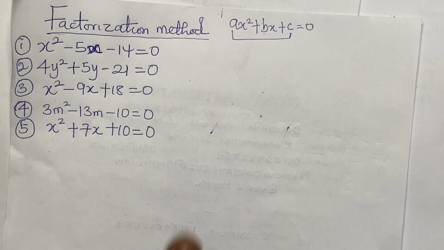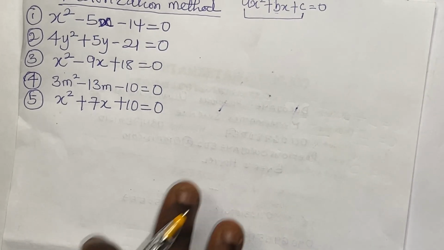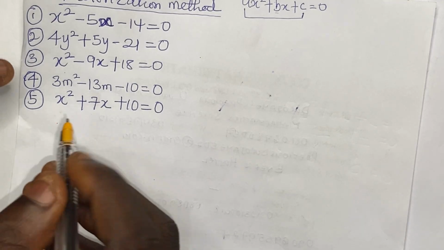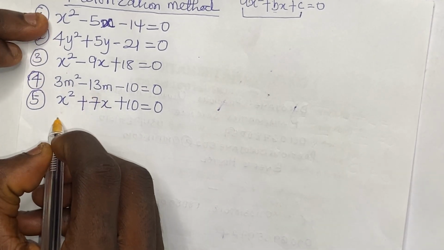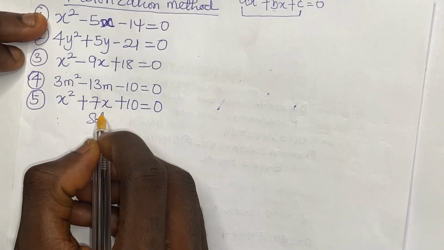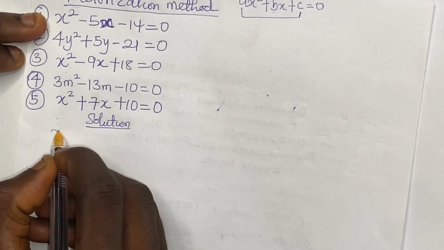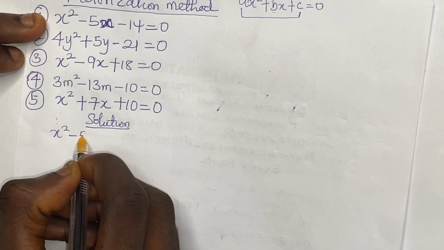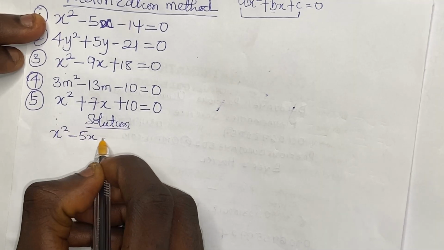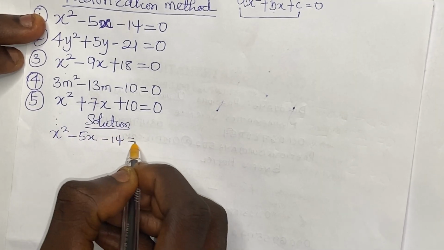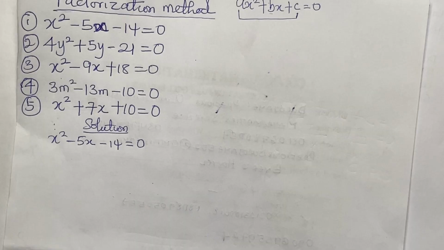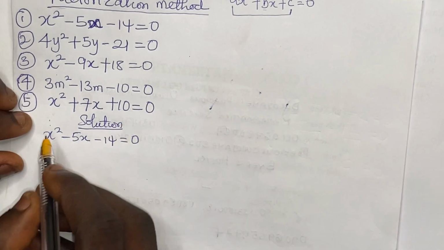So let's start with example 1. Our solution: we have x squared minus 5x minus 14 equals 0. What does this mean? Look at what we have here.